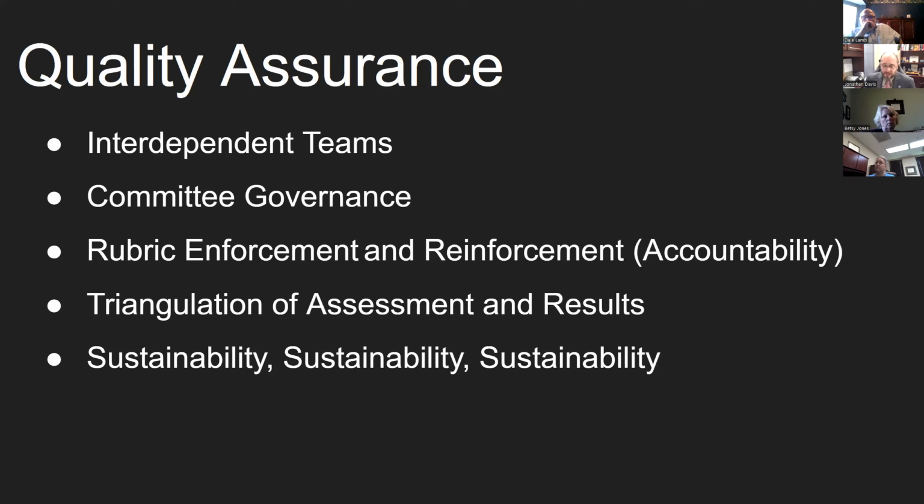Early on I said that I thought the rubric would be a technical fix to a technical problem, but this has turned out to be more of an adaptive problem.